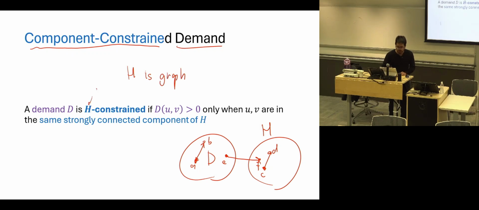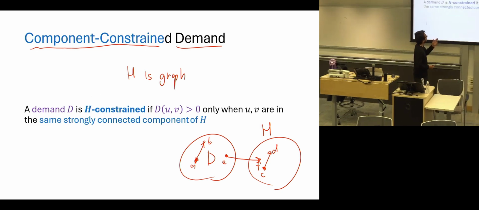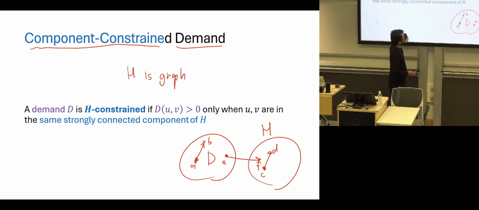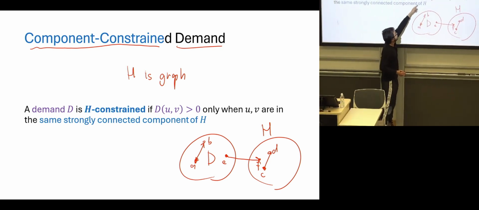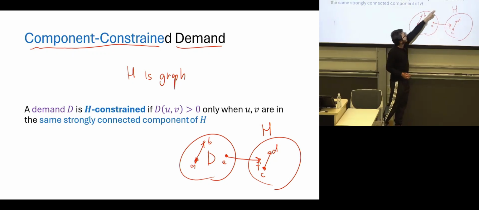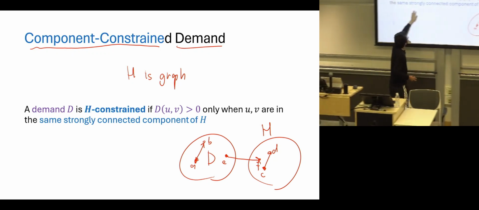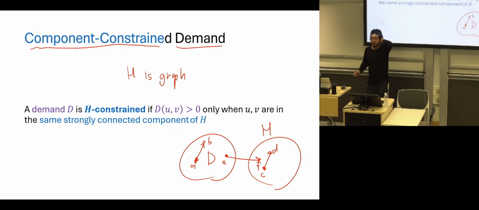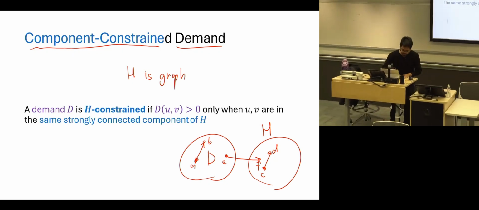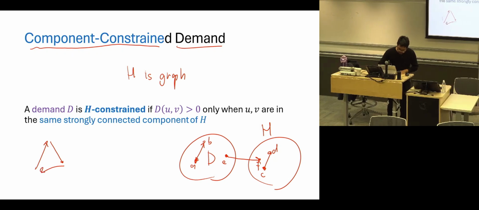Let's say I call it G. Yeah. H is a graph, and a demand is H constrained if we only try to send positive demand between u and v only when u and v are in the same strongly connected component of H. For example, if H looks like this, if this is the graph H, then there are two strong components.